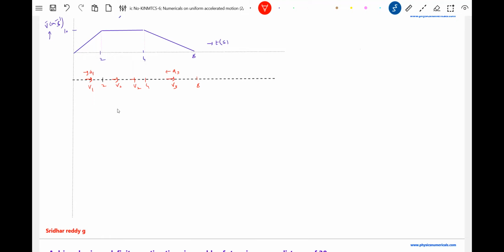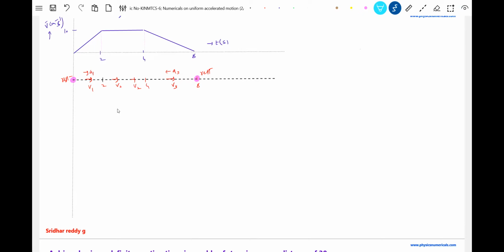So look at the motion of the body. First it will accelerate. It will start from rest. It will start from rest and come to rest. First it will accelerate from rest, uniform velocity motion, then undergoes retardation, and finally comes to rest.